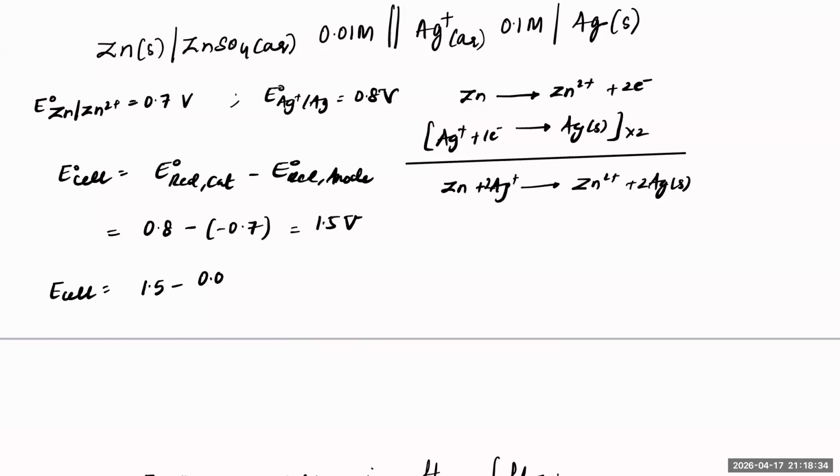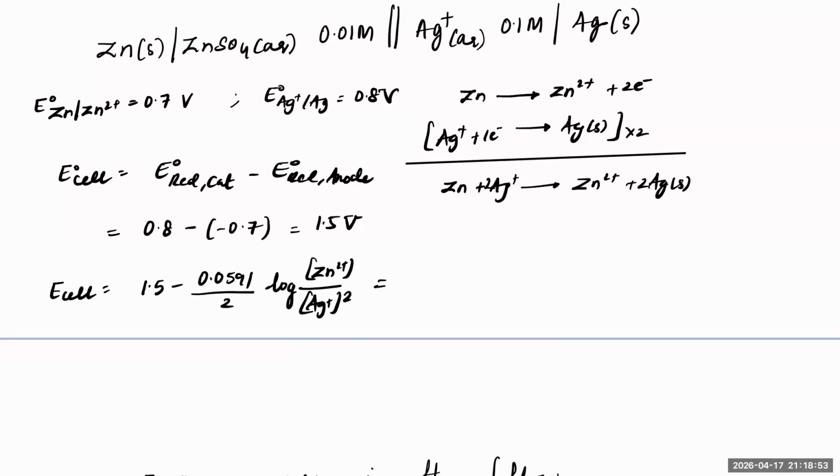So 1.5 minus 0.0591 by the number of electrons transferred, which is 2, log of Zn2+ concentration divided by Ag+ whole square concentration.